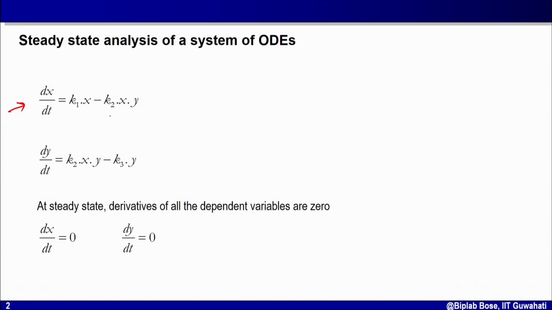For the predator, the rate of change is dy/dt = k2 xy - k3 y. x and y here are dependent variables changing with time. k1, k2 and k3 are the parameters. Let us not bother about the parameters right now.